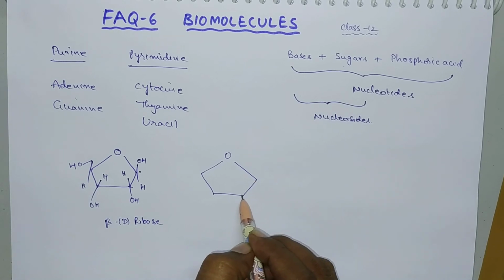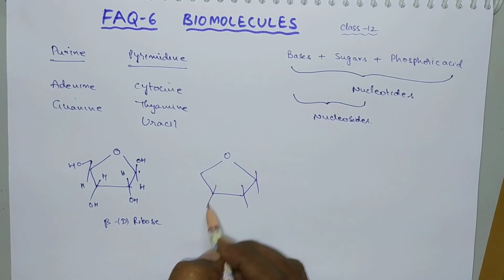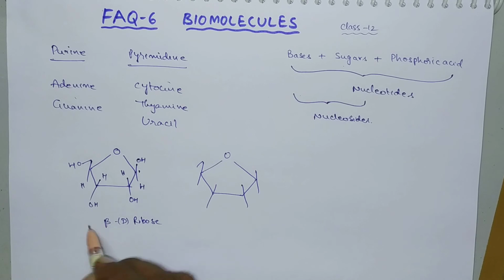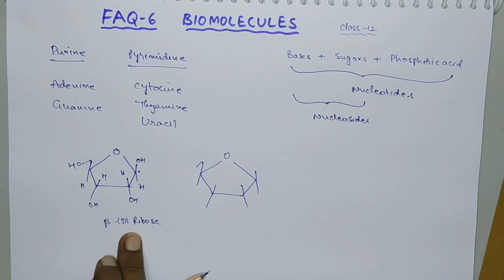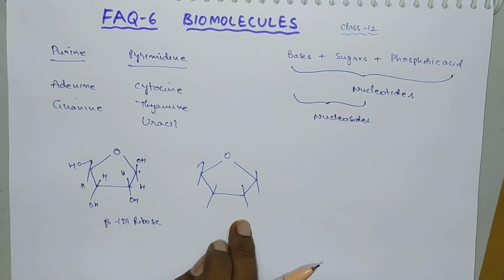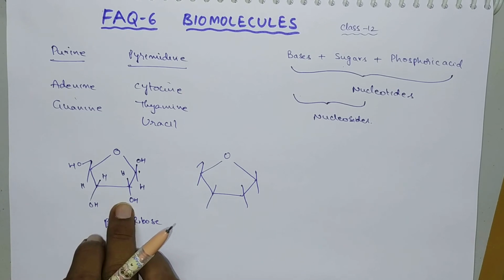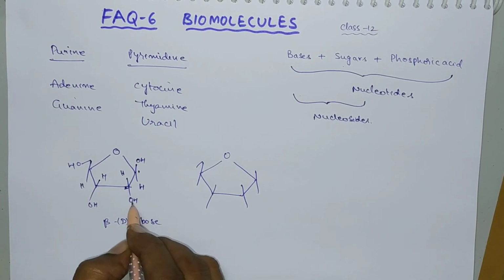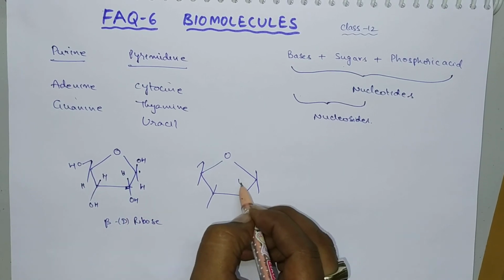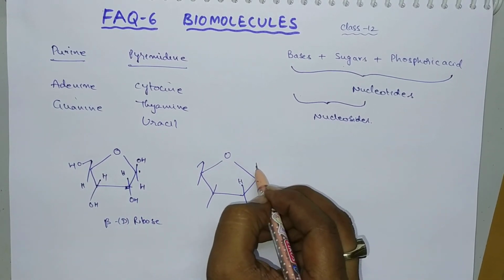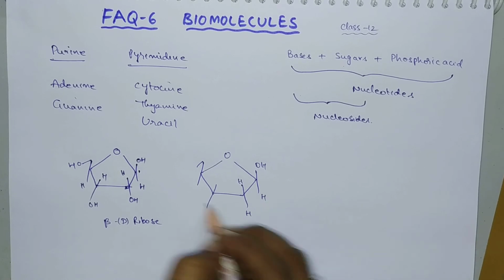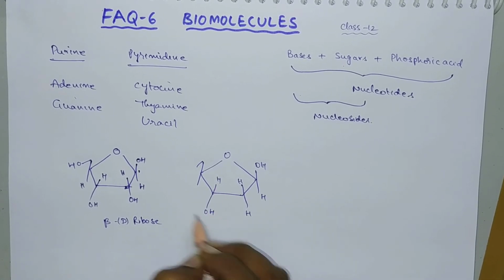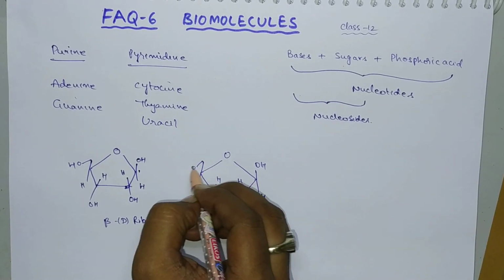Next, deoxyribose is also a pentose sugar. The main difference between these two is that in deoxyribose one oxygen is eliminated. The hydroxyl group at the second carbon is replaced by hydrogen, so we get deoxyribose. The remaining are the same, H and CH2OH.